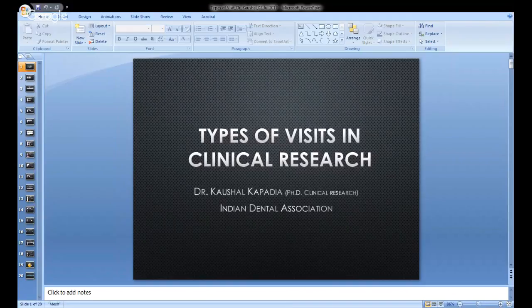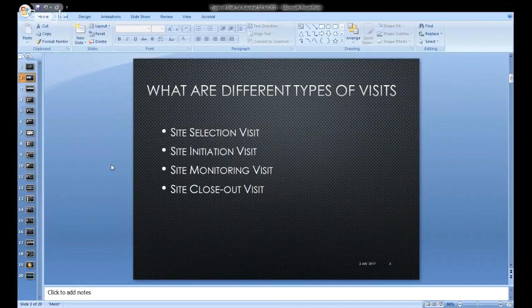So let's start talking about the different visits of a clinical trial. What are the different visits? Site selection, site initiation, site monitoring, site closeout.